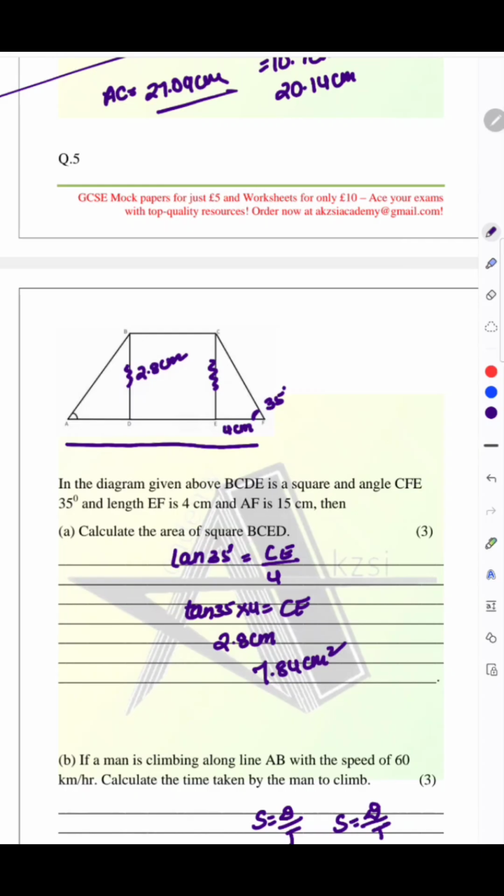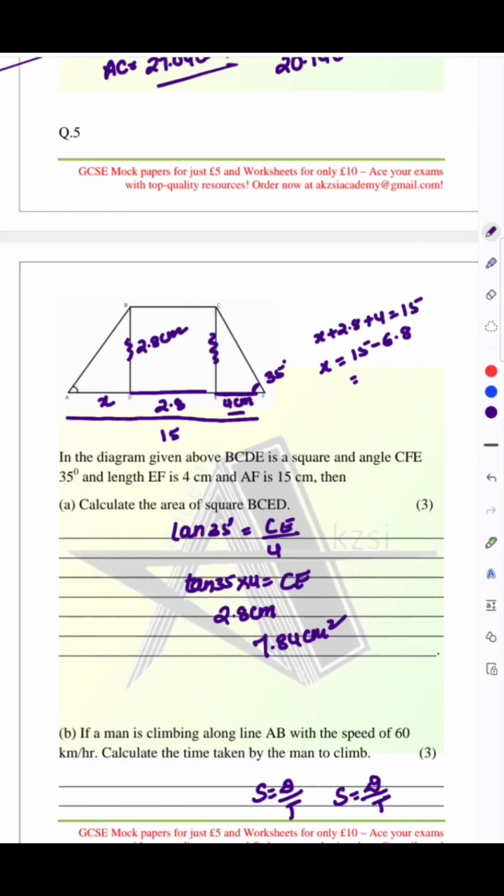Other than that, it's mentioned this length is 4 centimeters. That means this length is 2.8 because it's a square, and this whole length is equal to 15. That means if I say x, then x plus 2.8 plus 4 is equal to 15, or x is equal to 15 minus 6.8.